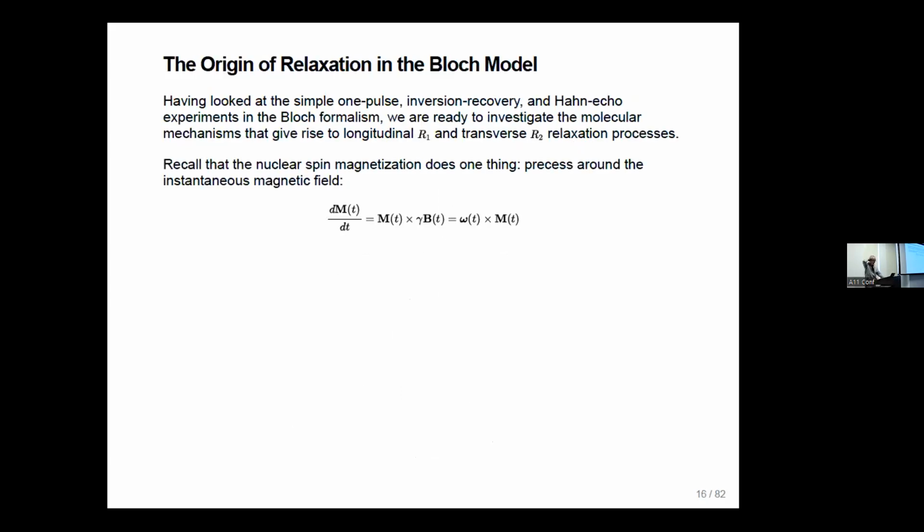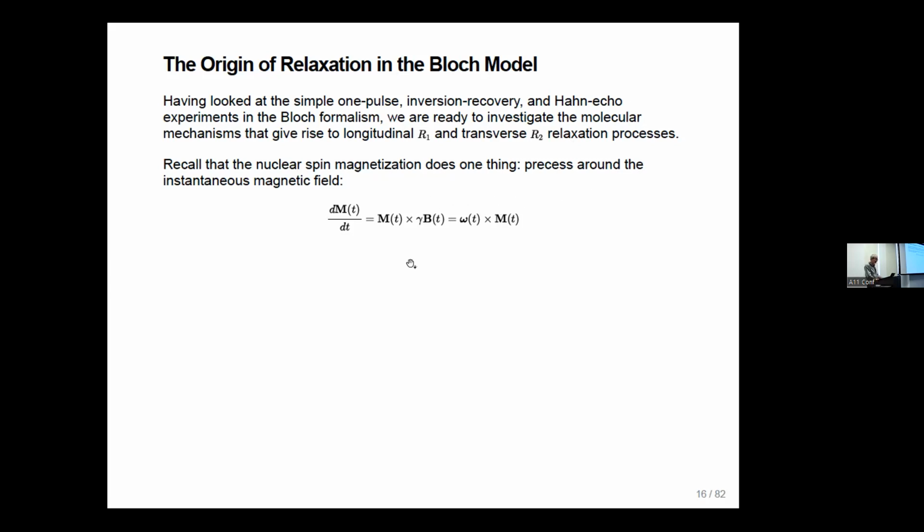All right, that's just introduction. So now we want to think about where relaxation comes from. And as I probably told you in class 1, the spins aren't very smart. They know how to spin magnetization processes around the instantaneous magnetic field.